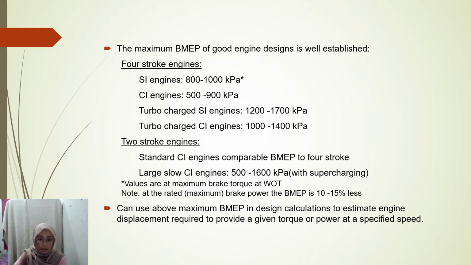For 2-stroke engines, the standard CI engine is comparable to 4-stroke BMEP. For large low-speed CI engines, it's around 500 to 1600 kPa with supercharging. The maximum BMEP can be used in design calculation to give an estimate of engine displacement required to provide a given torque or power at specified speed.